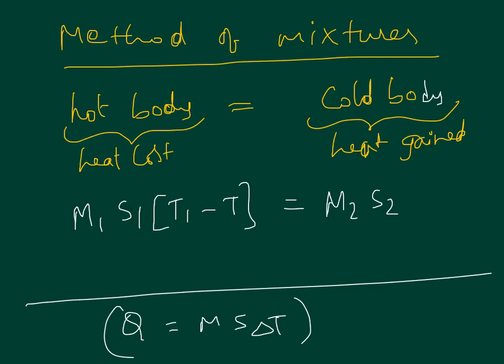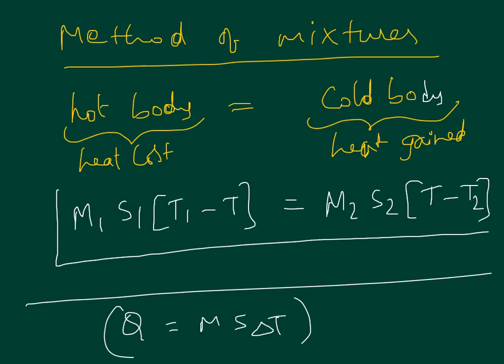So here what I am writing now, M2 S2. Here the high temperature is T and the low temperature is T2. So this is the formula for heat lost by the hot body and heat gained by the cold body. Then my formula is simply M1 S1 (T1 minus T) is equal to M2 S2 (T minus T2).